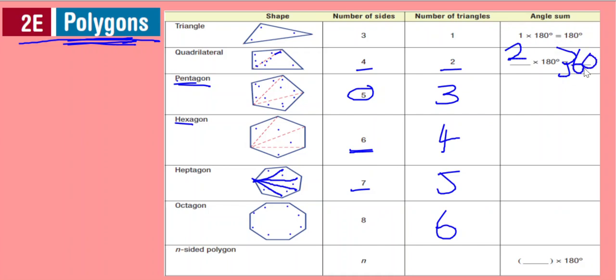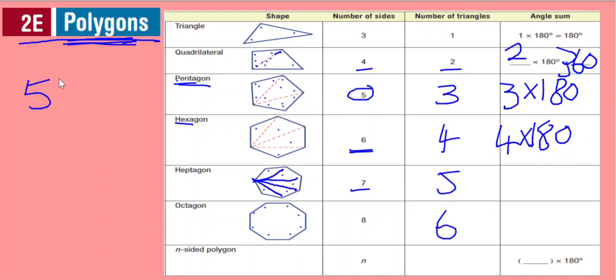Then 360. If we then had 3 triangles by 180 in this case, and here we'd have 4 by 180. If I had my trusty calculator on the screen, I would work that out, but I haven't. So when we do 180 by 3, we get 540 degrees.